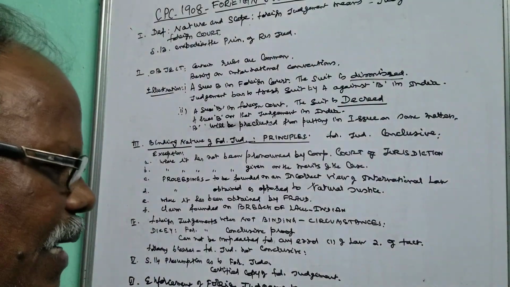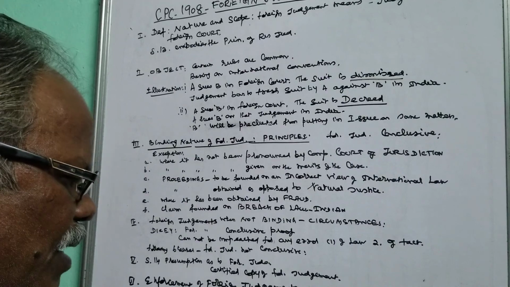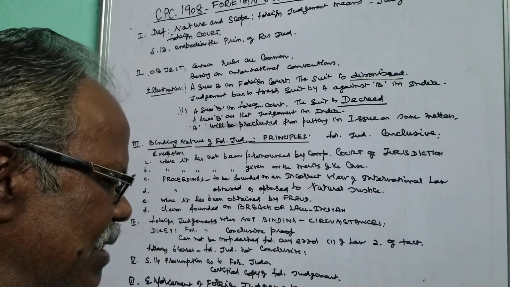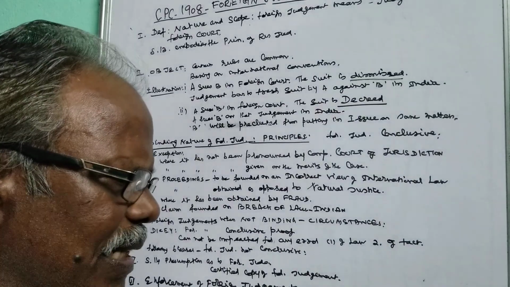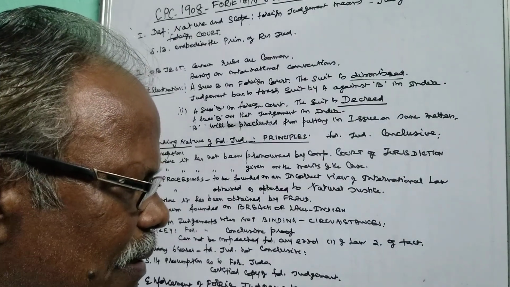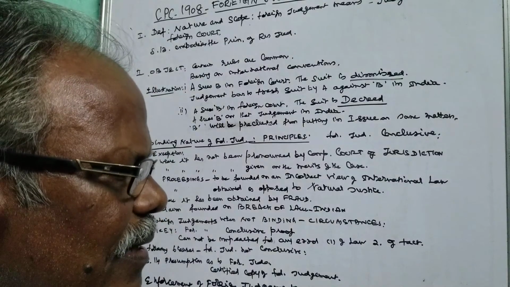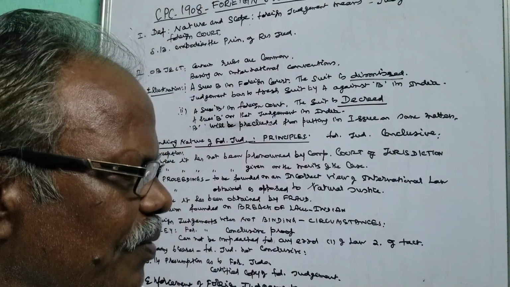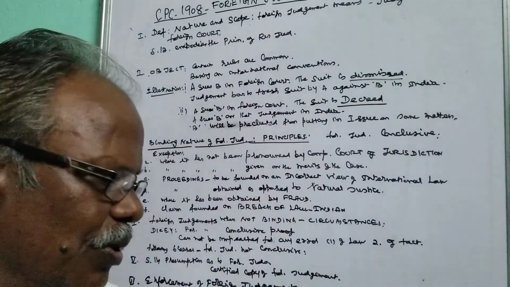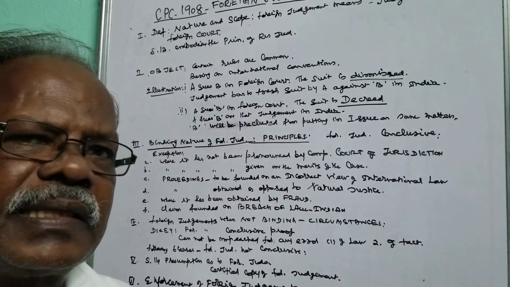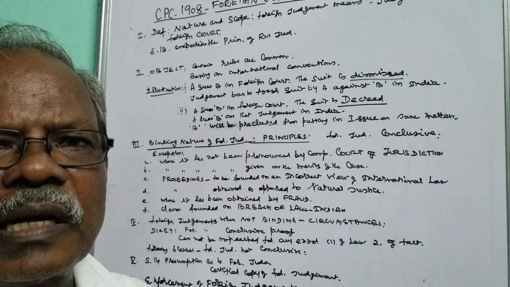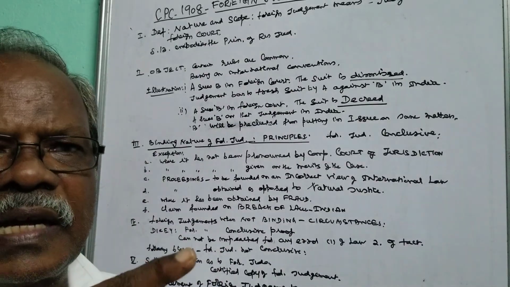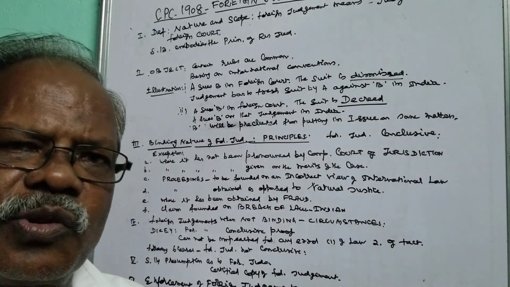In the case of a foreign judgment, two things are necessary. That is, a suit on the foreign judgment, because it embodies a decree of a court of the country. So the suit embodies the decree of a court, whether an order has been passed in a foreign court or not.